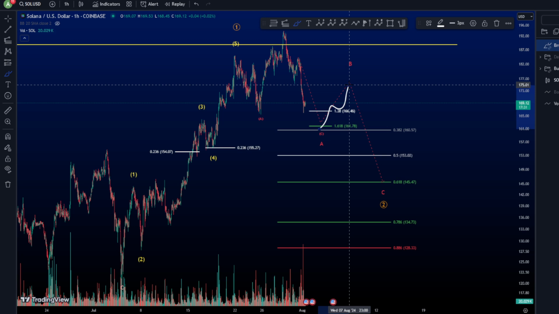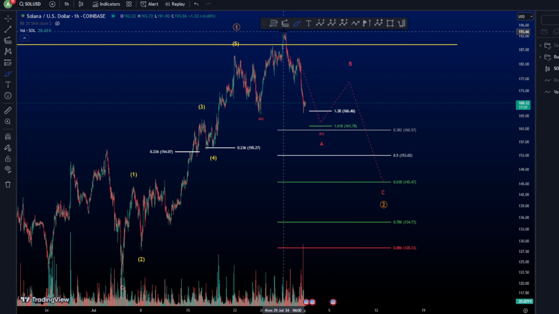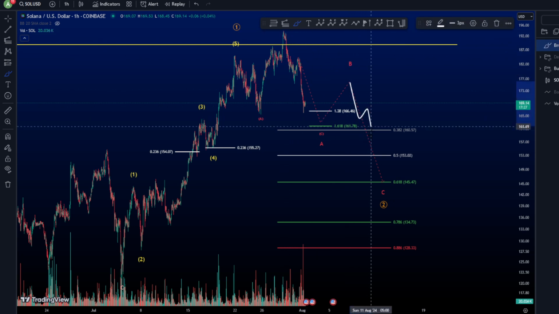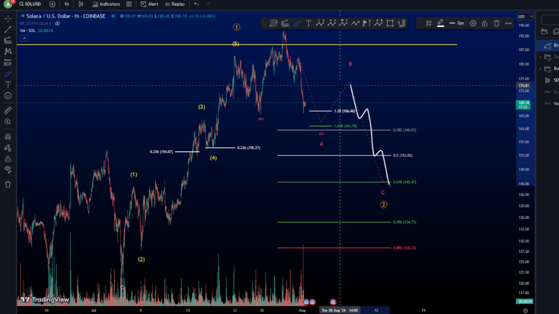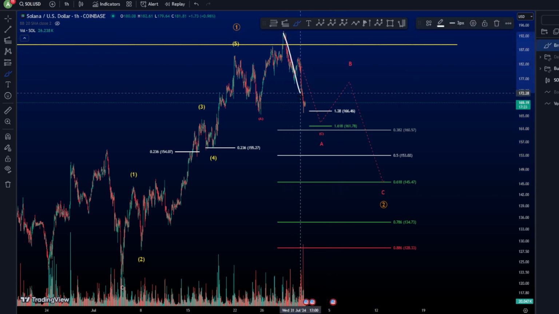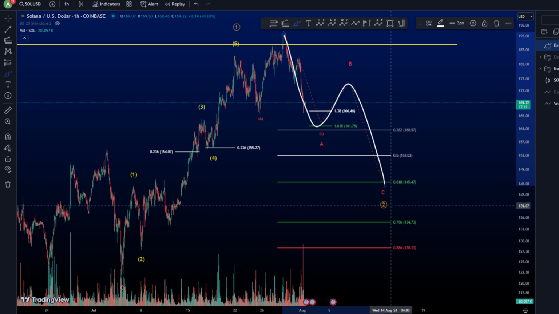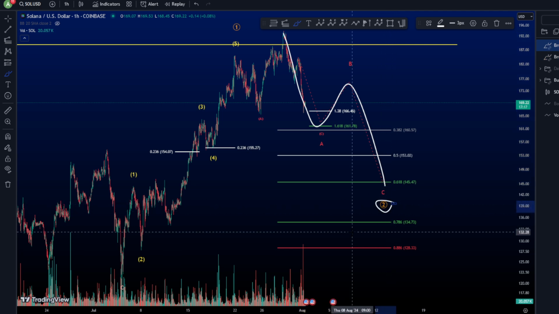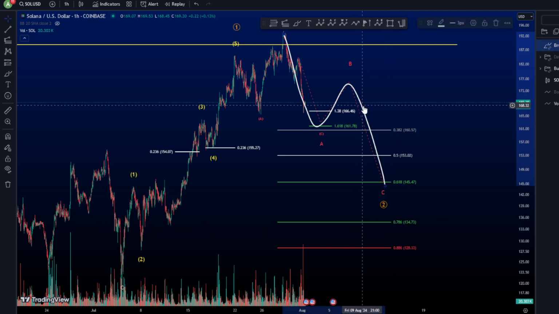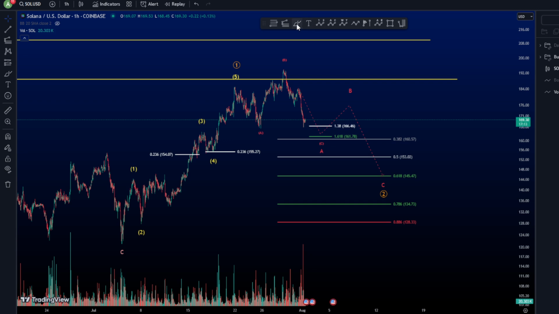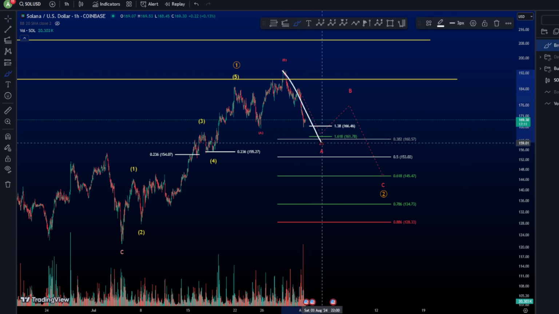Now, after that, we are looking, of course, for continuation towards the downside with another impulse or a diagonal, continuing a zigzag pattern for a wave 2 in orange, right? And that, make sure that we're gonna get an A, then a B, right?